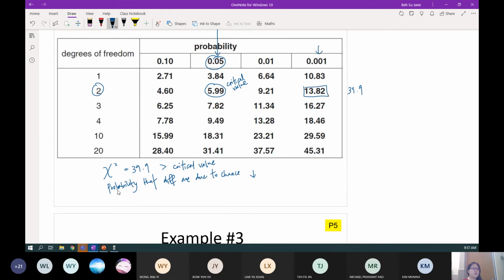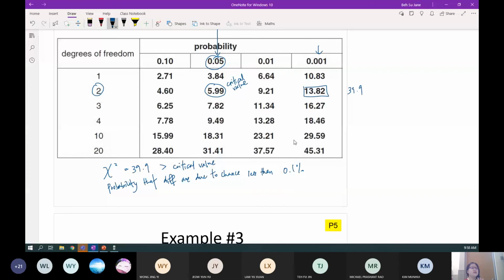So we can say that the probability that differences are due to chance is, in fact, less than 0.1%. It's such a tiny chance that it is due to chance, which means 99.9%, it is definitely something else going on.